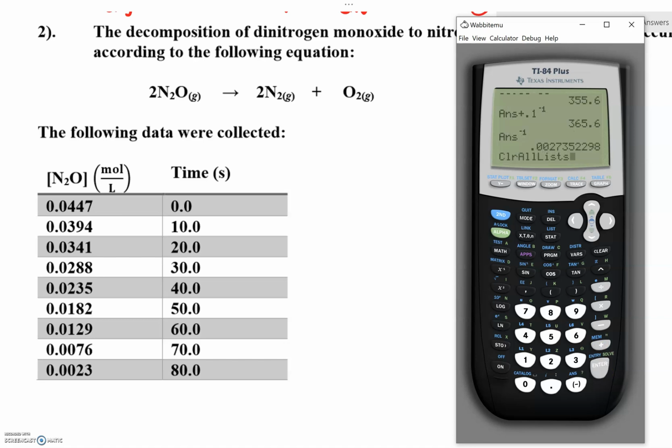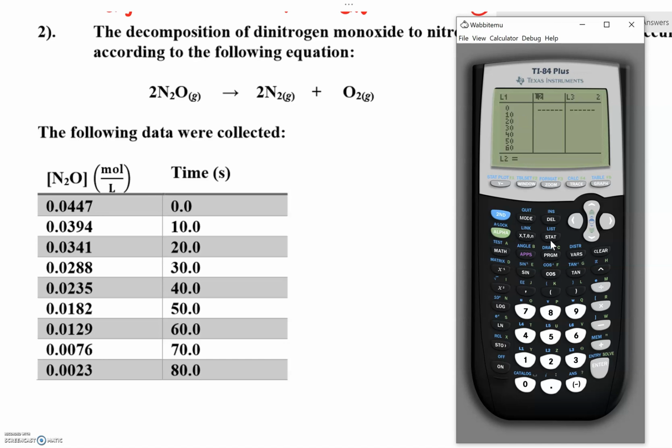Okay, so we've got clear all lists, we've cleared the memory, and we can go to our statistics and enter. So let's get our time, 0, 10, 20, 30, 40, 50, 60, 70, 80. Let's get our concentration.